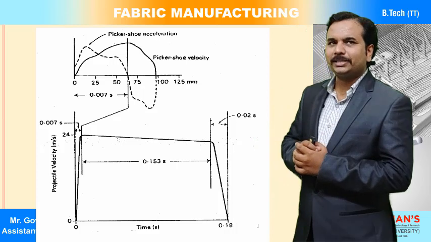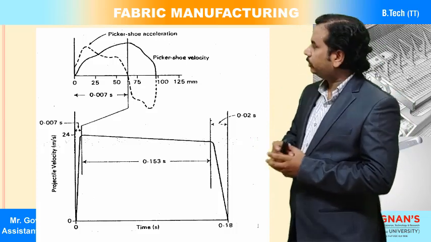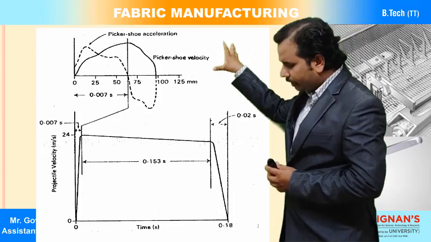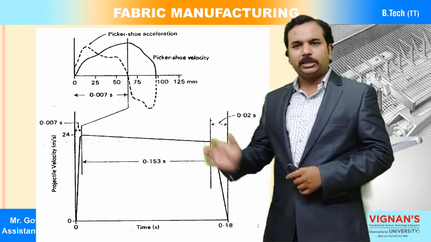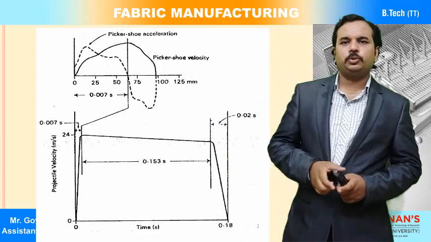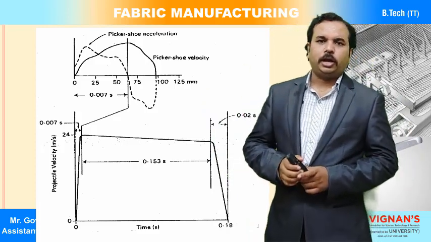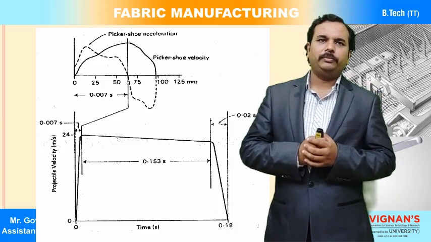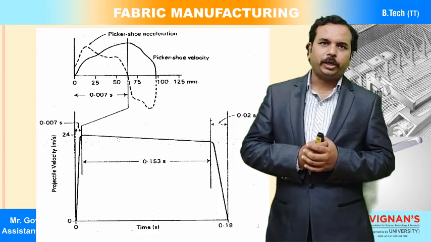The picker shoe acceleration suddenly increases and slowly reduces, coming into the minus side, which means it is coming back to its original position, so that the next projectile can come and occupy the picking shoe.